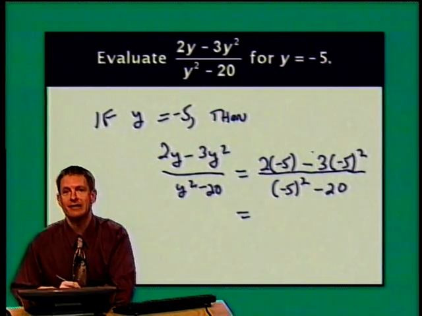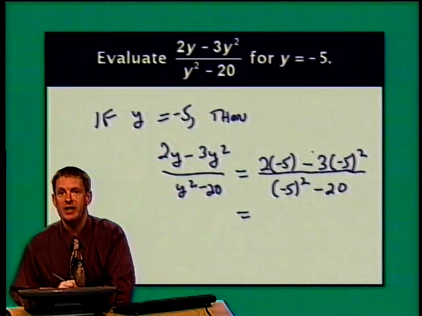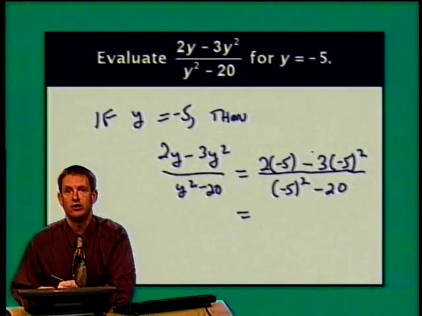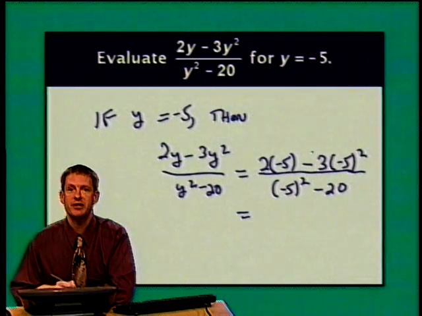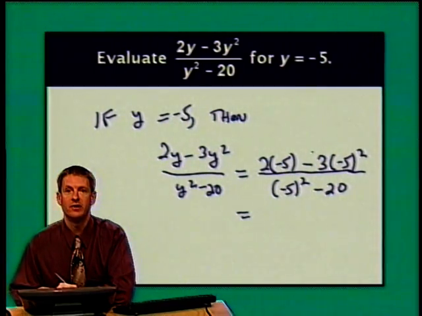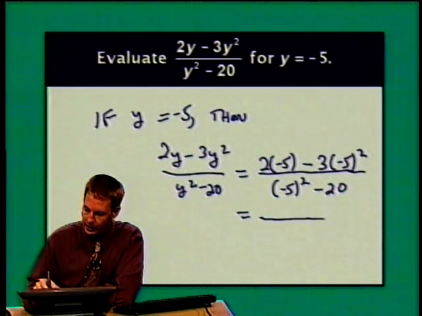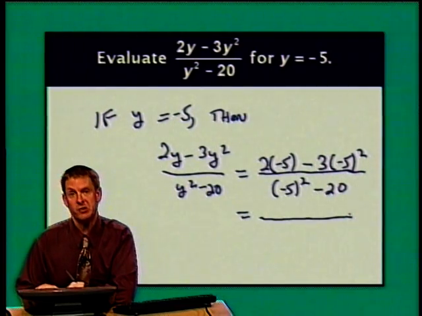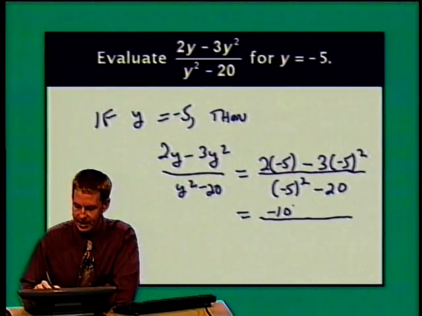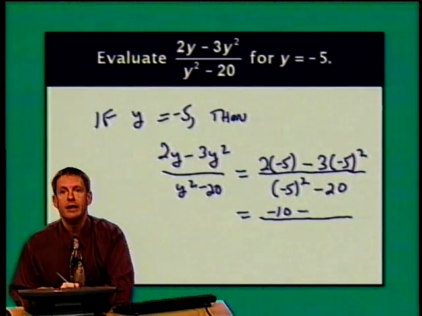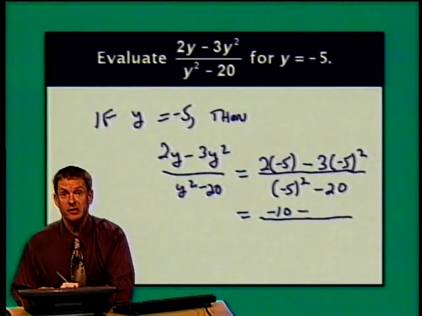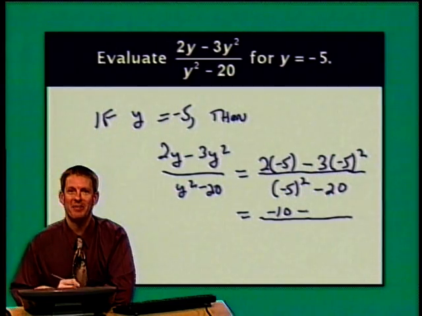Subtraction is the last thing that occurs in order of operation, so the first thing I need to do is consider the expressions on either side of the subtraction sign. The expression to the left of the subtraction sign is 2 times negative 5. That's negative 10. The expression to the right of the subtraction sign has 2 operations.